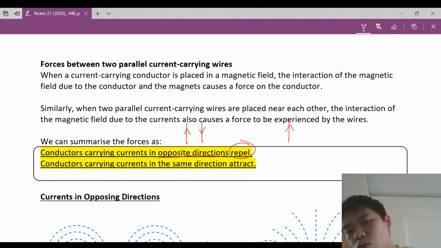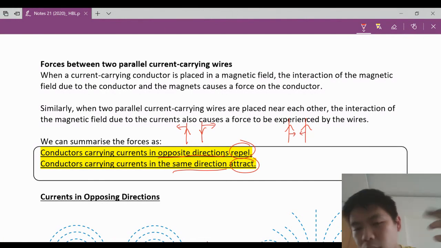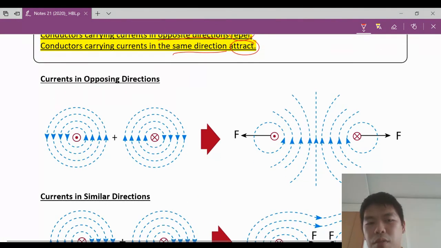If I have two currents that flow in the same direction, they will attract. So these two will repel, these two will attract.